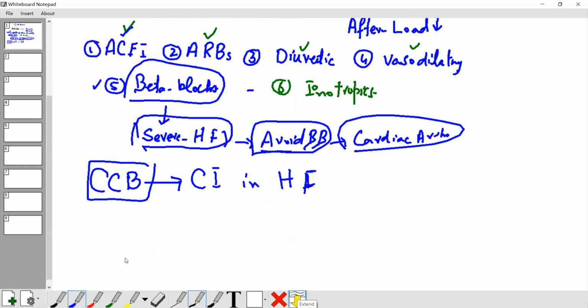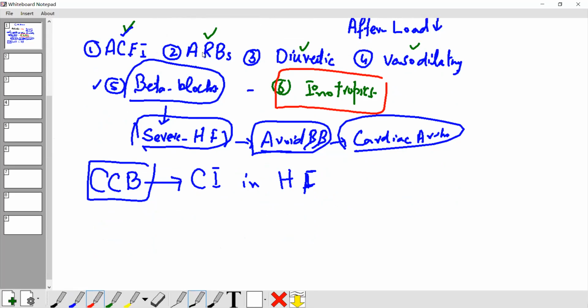At what time do we need to use inotropes? I will explain everything. First, we reduce the preload and afterload. Everything is done for the heart, but the heart is in the process of failing and is not improving.